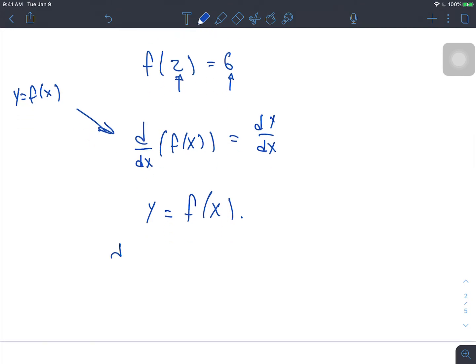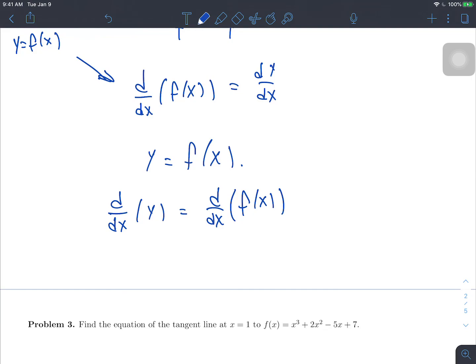And if we apply the derivative operator on both sides, then we would also still have the equal sign. And to answer your question, Ashlyn, dy dx is just the shorthand notation for this left-hand side. So, the derivative operator takes a function as input, and it outputs another function, which is the derivative of that function.